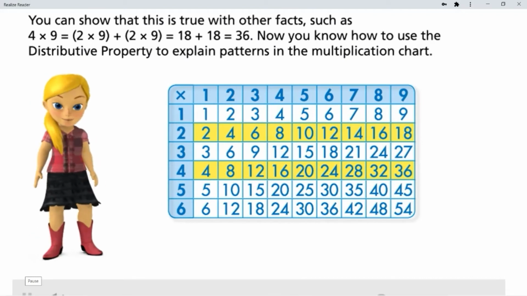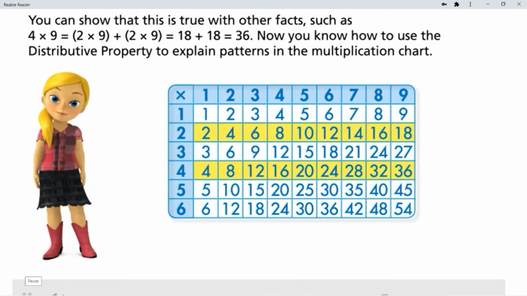You can show that this is true with other facts, such as 4 times 9 is equal to 2 times 9 plus 2 times 9 is equal to 18 plus 18 is equal to 36. Now you know how to use the distributive property to explain patterns in the multiplication chart. Good job!